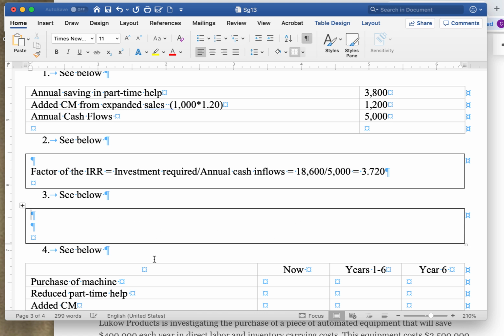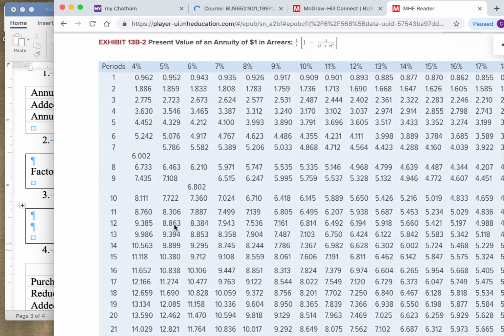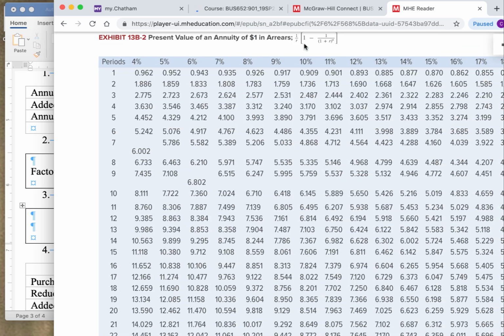Now item 3. Item 3 says, using exhibit 13-B2 as a reference, what's the new machine's internal rate of return to the nearest whole percent? We can do this no problem, right? First of all, they told us we're using exhibit 13-B2, which is an annuity.